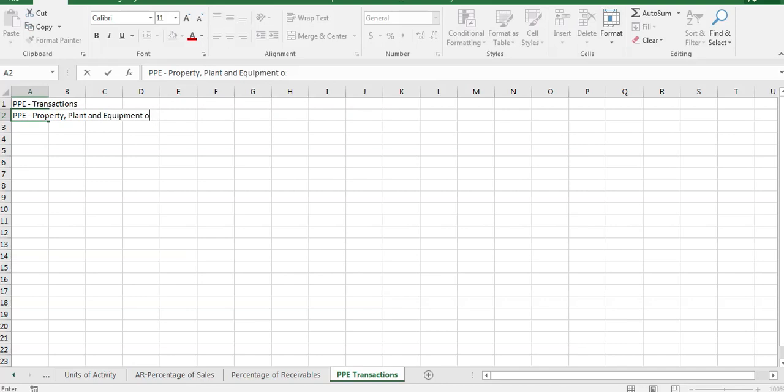Basically, what we're going to do is perform certain transactions related to those assets on the balance sheet, for example, buildings, equipment, furniture, and other non-current assets. Remember, non-current assets are on the asset side of the balance sheet, just below the current assets.